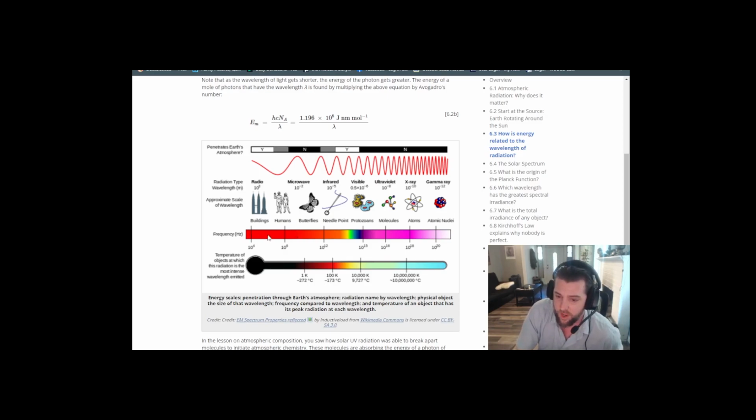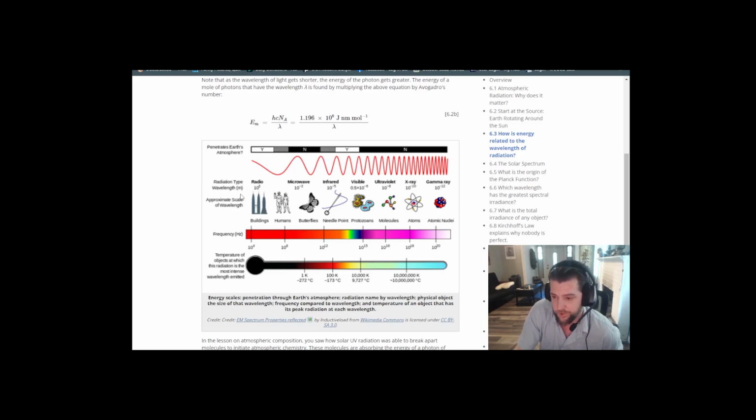And then they have the frequency chart, right? And so you see when it gets to a radio wave, the frequency is about 10 to the fourth, like 1,000 hertz, roughly, right? Which is, you know, wavelength in meters, that's like 1,000 meters.